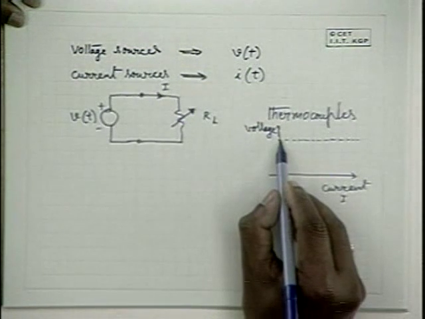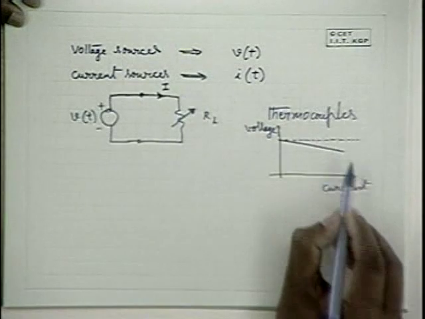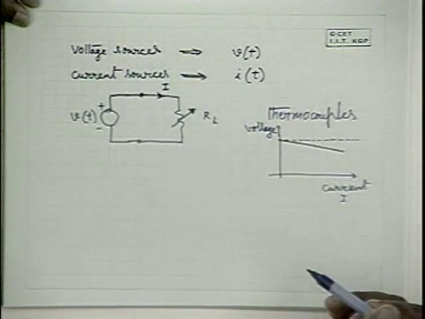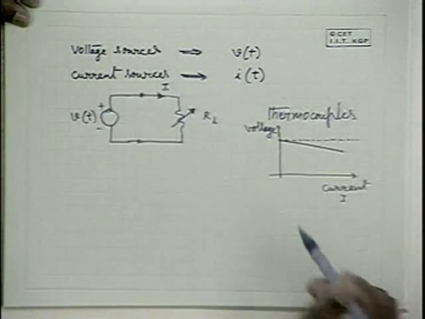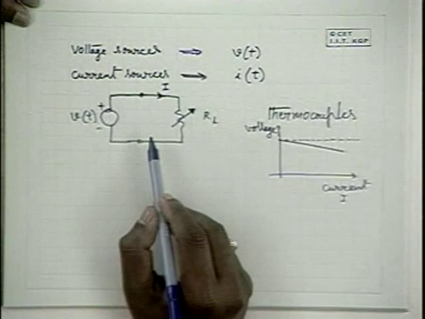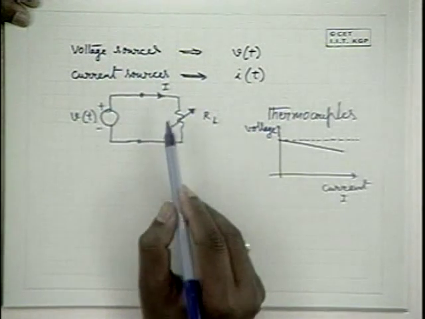Typically the voltage drops with the current drawn through it. If you connect a small resistance, the voltage drops to some extent. If the resistance is large, the voltage is large.